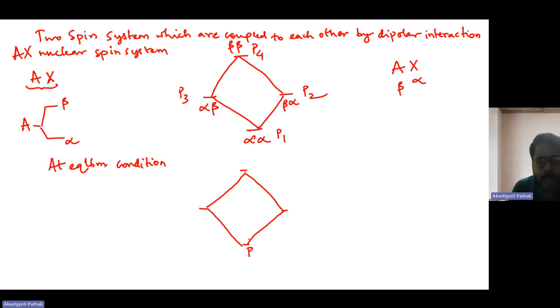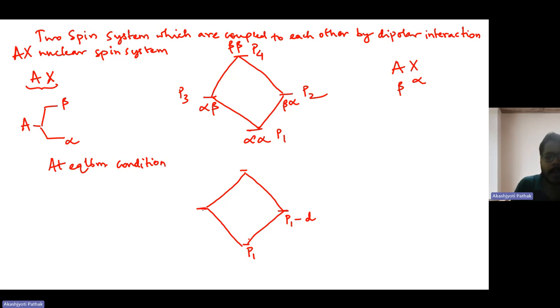If this is P1, at a higher energy state, and the population difference existing between the high energy state and the low energy state is D, then the total population in this beta alpha spin state will be P1 minus D. Okay.